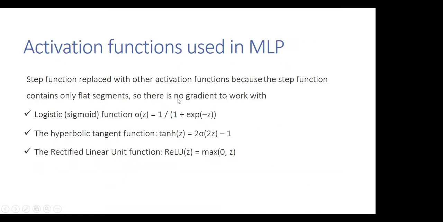And there is no gradient to work with. So instead of that, we use a sigmoid activation function. It has this formula, and also the hyperbolic tangent function, and the rectified linear unit function, or ReLU.